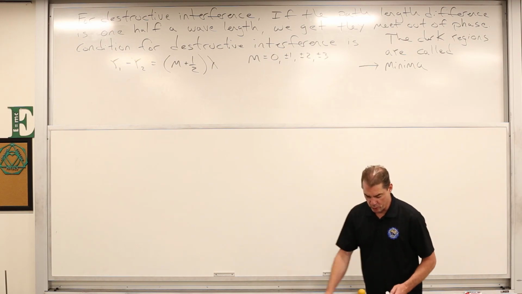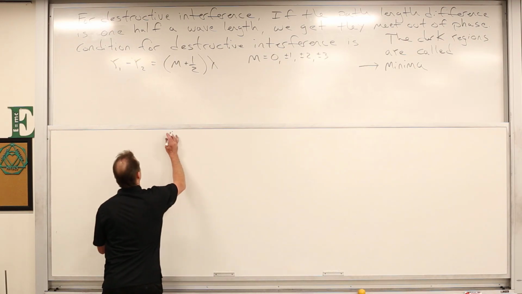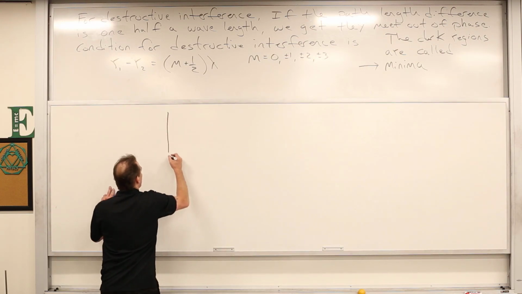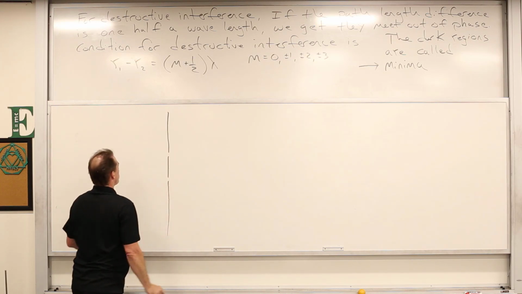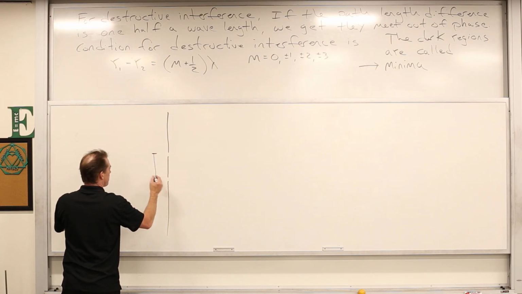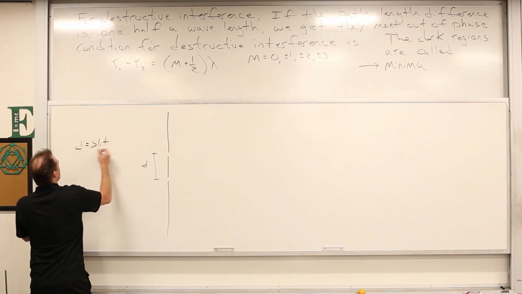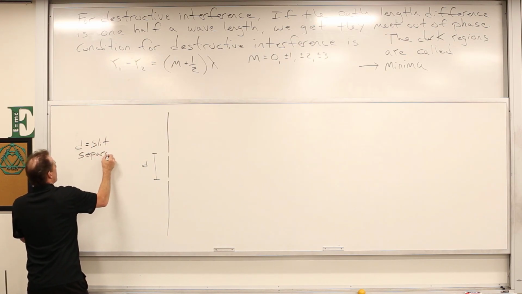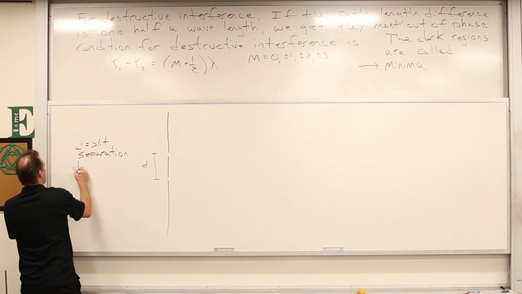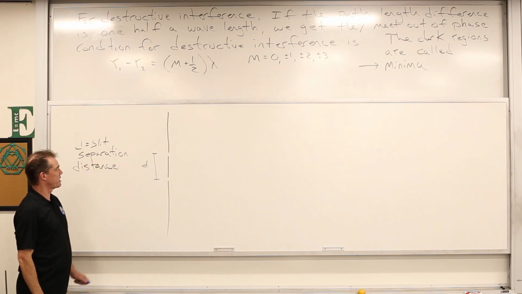So let us do this. We can go ahead and draw out a screen here. Take ourselves a couple slits. Let's not do a screen. So we got our two slits here, and I'm going to say that these slits are separated by some distance d. d equals slit separation distance.